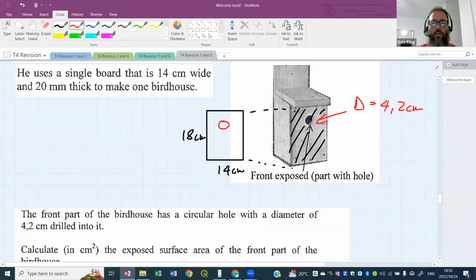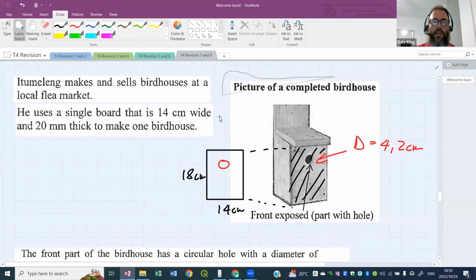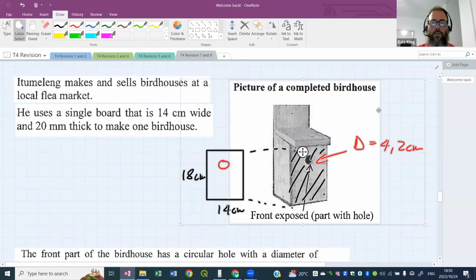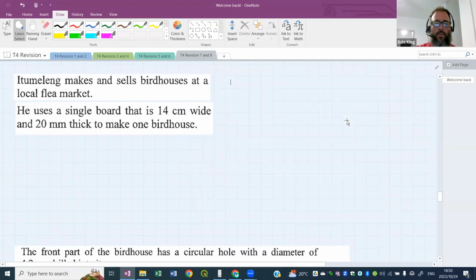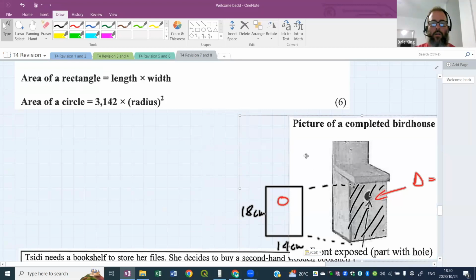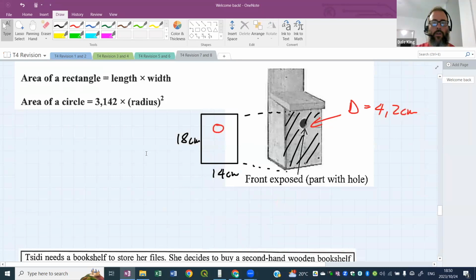So what I'll do is bring all of this down to the question so we can see it clearly, and put it on the side here. All right, there we go.